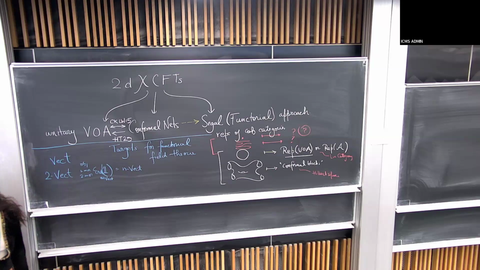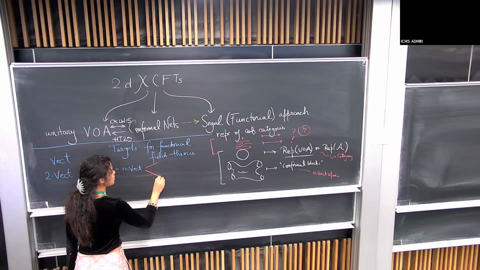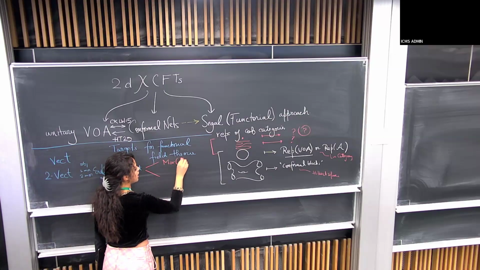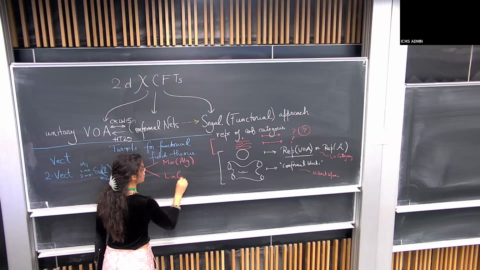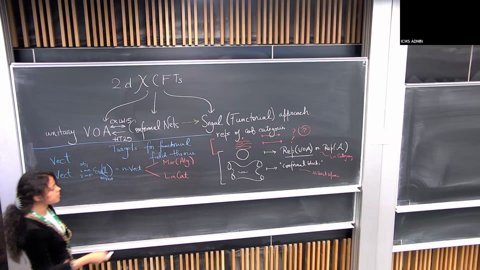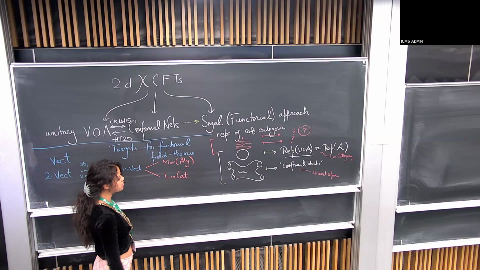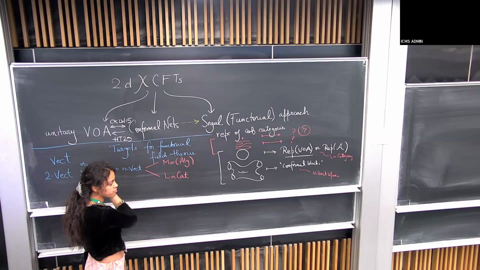And it turns out there are 2 very nice models for this, at least in the bicategory case, which is the Morita category of algebras or the bicategory lincat. So the Morita category of algebras has objects algebras, 1 morphisms bimodules of algebras, and 2 morphisms as equivariant maps of bimodules.